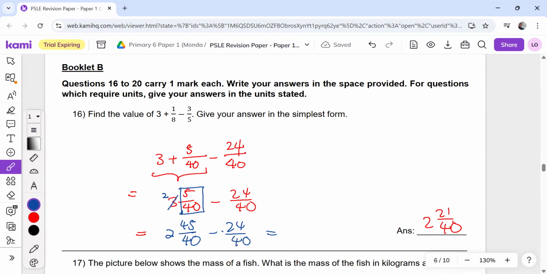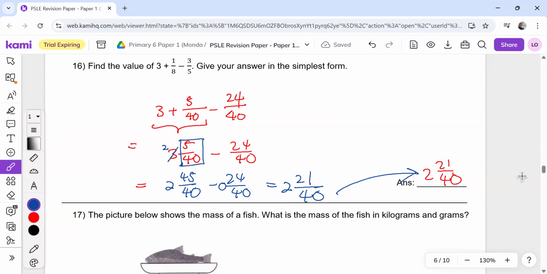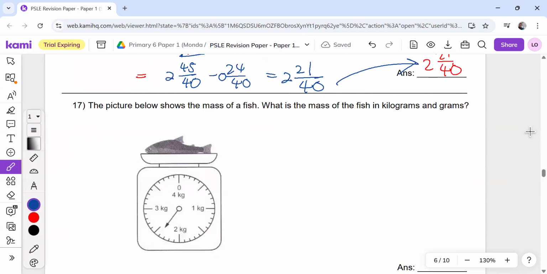So 2 minus nothing is still 2. 45 minus 24 is 21 over 40. And make sure it's in the simplest form. How do you get the simplest form? Divide by 2. Cannot divide by 2, divide by 3. Then divide by 5. Okay, clear? Let's go to question 17.